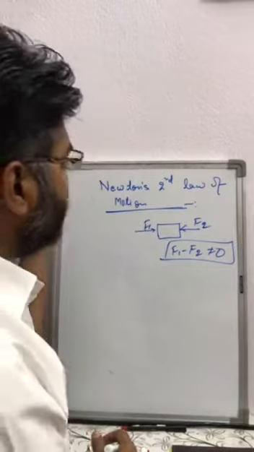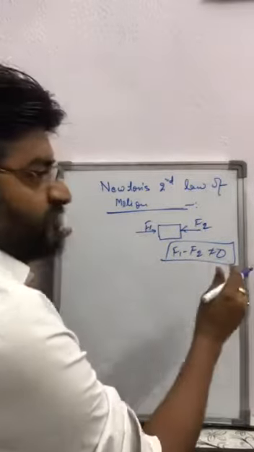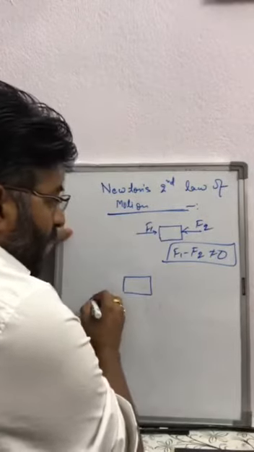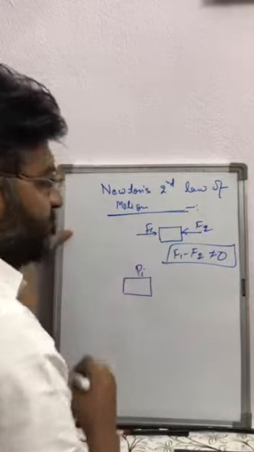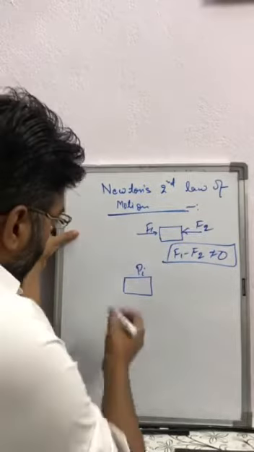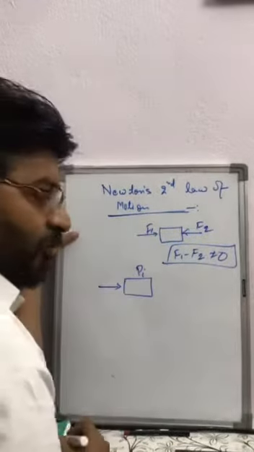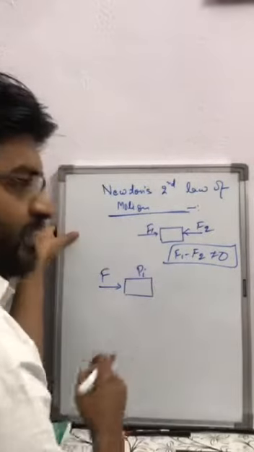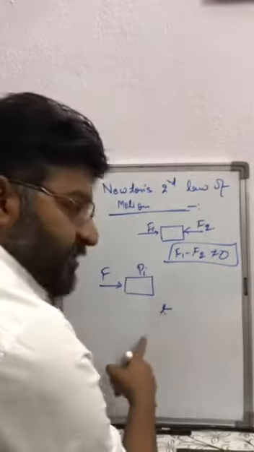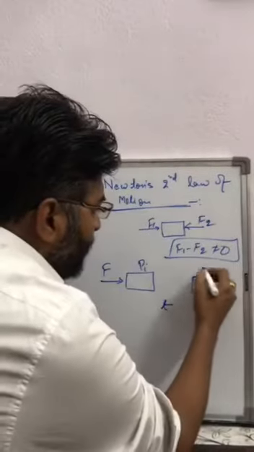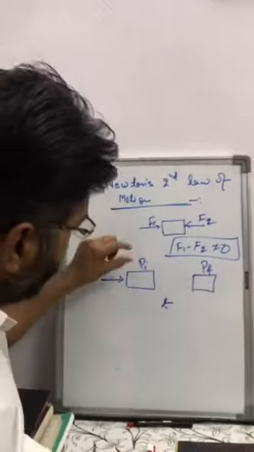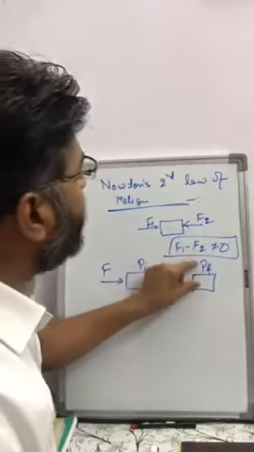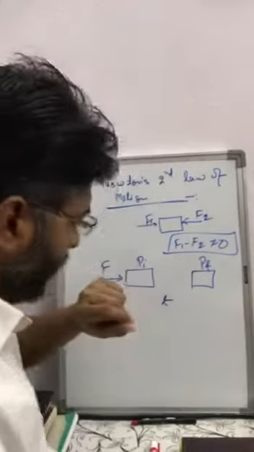So Newton tells that the rate of change, that means if we have a body at initial momentum Pi, when we apply the force F on that body, it changes its momentum. After time t, its momentum becomes Pf, where Pi is the initial momentum and Pf is the final momentum of the body.